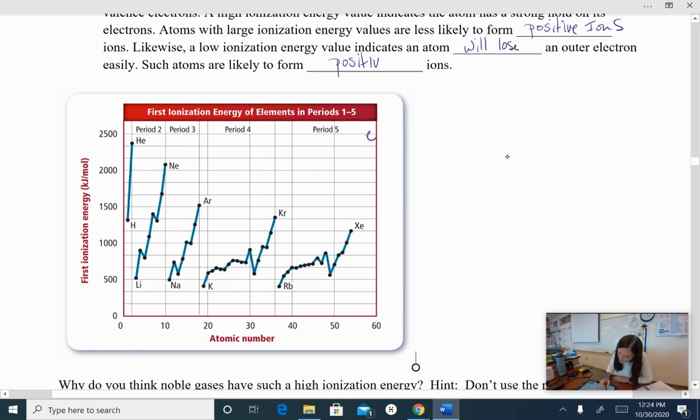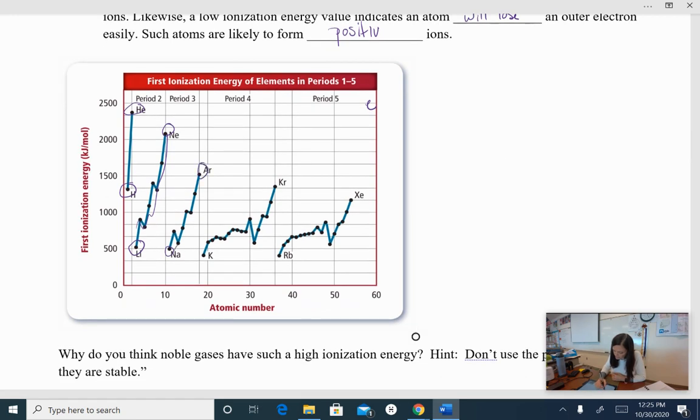Okay, so let's look at this trend. Hydrogen, it's pretty easy to pull that electron off. Helium is a lot harder. Then if I look at the next period, lithium, it's even easier to pull it off than hydrogen. And then neon, as I go up, it gets harder. Sodium is about the same as lithium, a little bit easier. And then argon, through that period, it gets harder. Potassium through krypton.